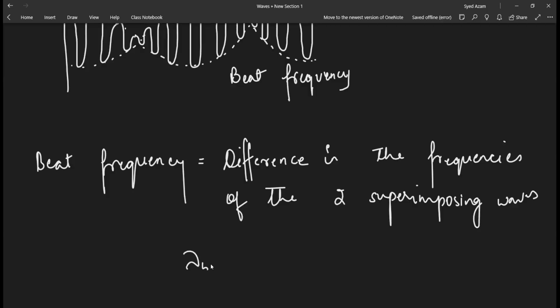So basically your beat frequency will be nu1 minus nu2. That's it. Now, there are different conditions for the formation of beats.